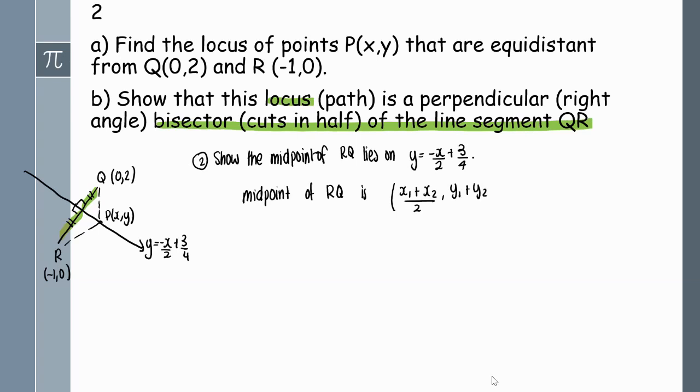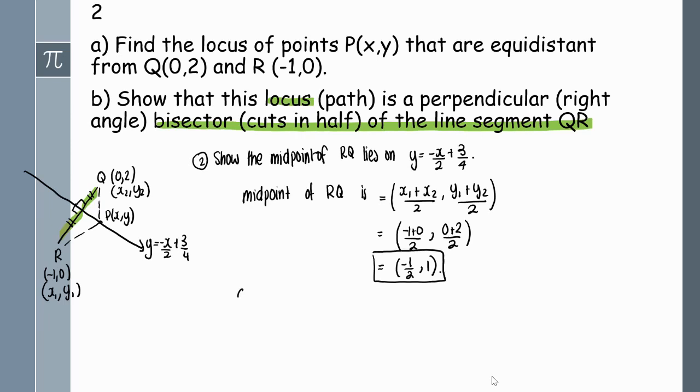That will be my x-coordinate of the midpoint, and my y-coordinate will be y1 plus y2 all over 2. I'm going to let R be x1, y1, and Q be x2, y2. So I'll get -1 plus 0 over 2 for my x-coordinate, and then 0 plus 2 all over 2 for my y-coordinate. Again, simplify it, we'll get -1/2, 1. So this is the midpoint of RQ.